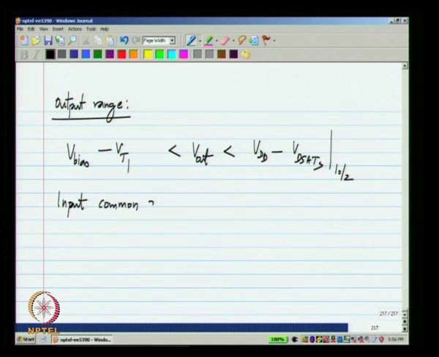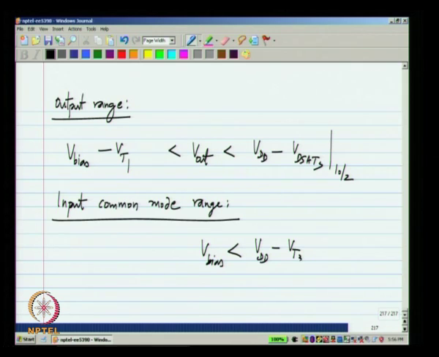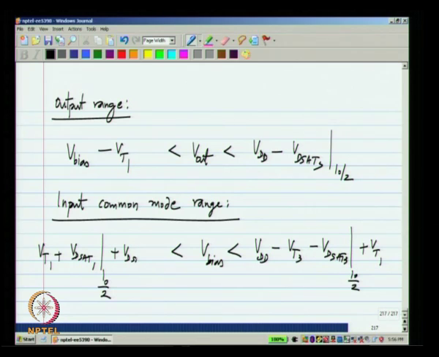So, input common mode range is given by that on the upper side and on the lower side VD sat 1 at a current of I naught by 2 and VD sat 0 of transistor M0 at a current of I naught. Okay. So, these are the ranges.